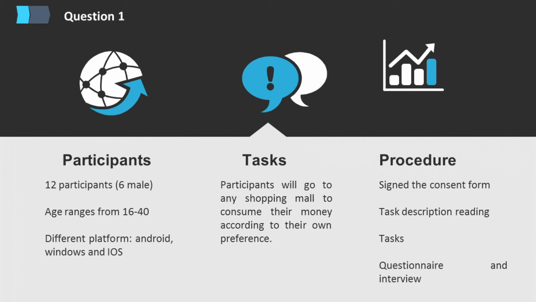The task is that the participants will go to any shopping mall to spend money provided by staff according to their own preference. The app will store this behavior by the attributes of the stores. It records and analyzes the information. From all the information, the interactive app can predict the user's behavior in the future and even provide some advice for the users.